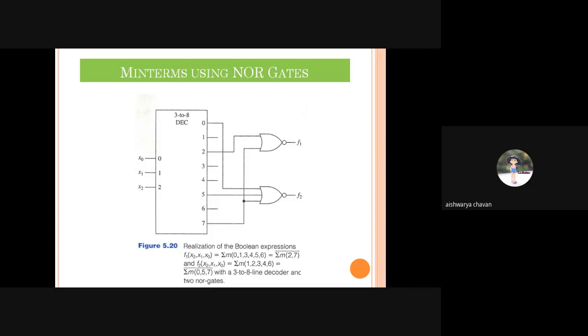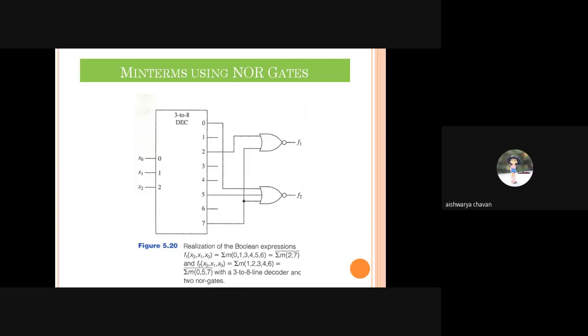So what are the inputs we are giving here? When we are using 3 inputs, then the inputs are 0, 0, 0 to 1, 1, 1. Means how many minterms are present? 0 to 7. So these are the minterms from 0 to 7.